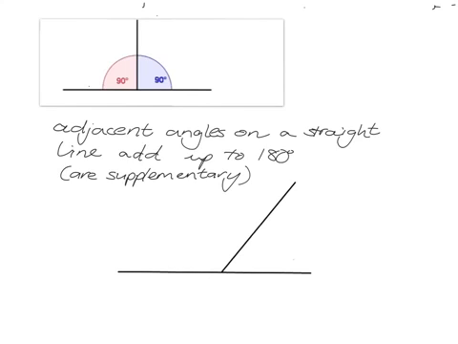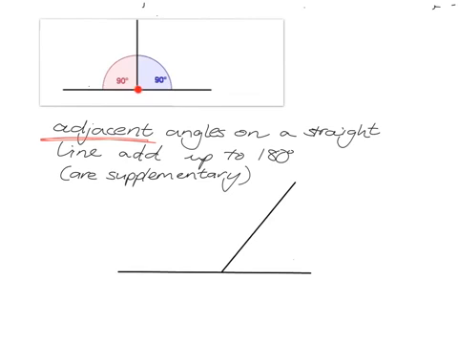Let's just go through some of those words. What is adjacent? Well, if you talk about in everyday English two things being adjacent, it's just two things being next to each other. And that's the same idea with angles, that they're the angles that are next to each other. So we talk about these two angles here as being adjacent angles because they're next to each other.